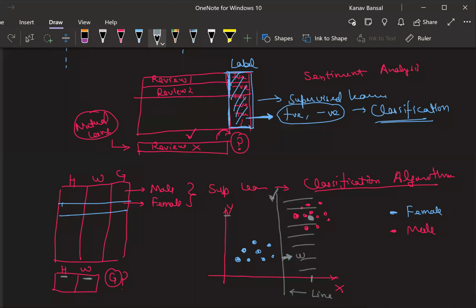Everything that comes on the back side, on this side, should be a female. Making sense to everyone? Yes or no?